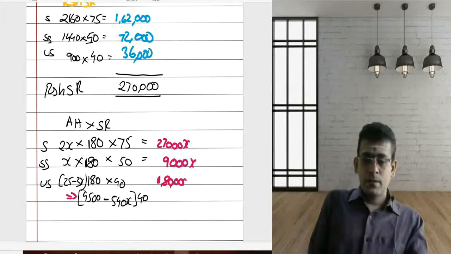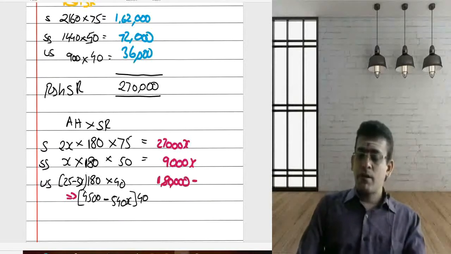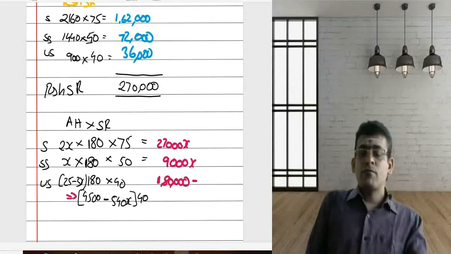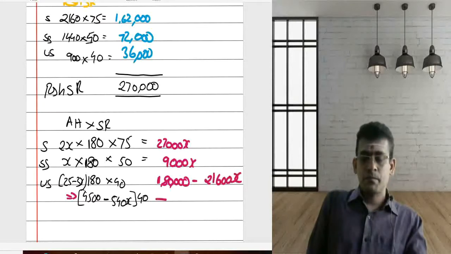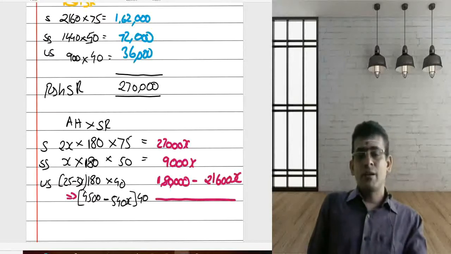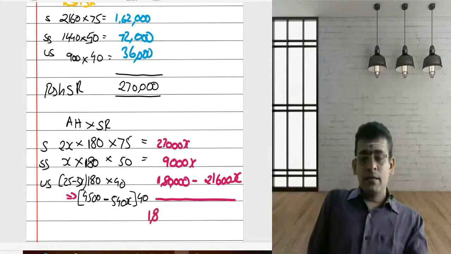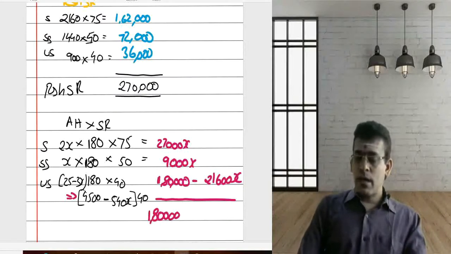1,80,000 minus 540x into 40. 540x into 40, you are getting minus 21,600x. Now find out this total. So what you are getting now? 1,80,000 plus 27,000x plus 9,000x.